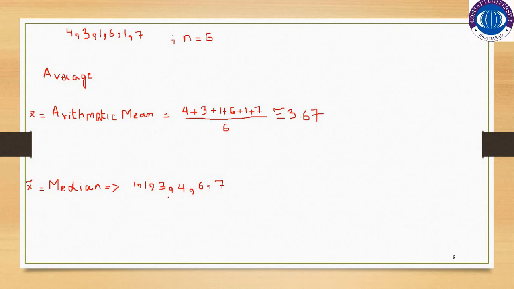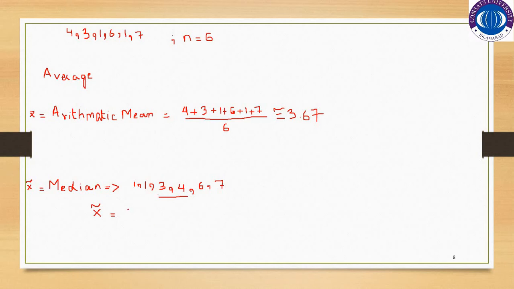As these are 6 values, the middle two data points are 3 and 4. So the median will be, this is the way to represent the median, and when you represent it by x bar, this would be the arithmetic mean of the middle two values. Arithmetic mean is found by adding the values and dividing by the total number of observations.